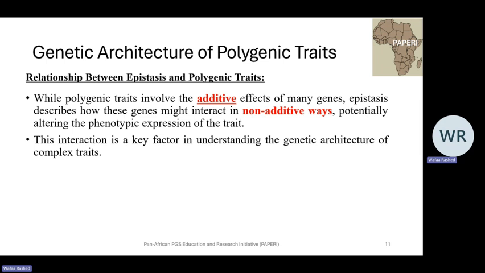We know that genes in a polygenic trait can affect the final phenotype by their additive effects. But epistasis describes how these genes might interact in a non-additive way, masking or altering the gene-gene interaction. This interaction is a key factor in understanding the genetic architecture of complex traits.